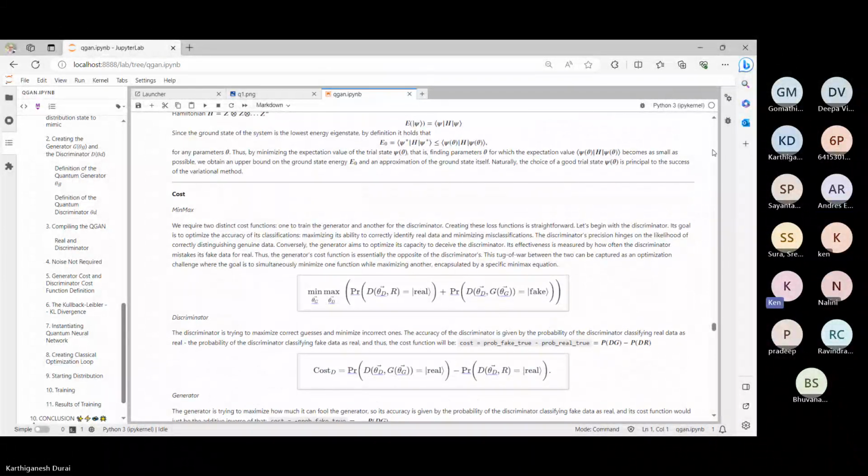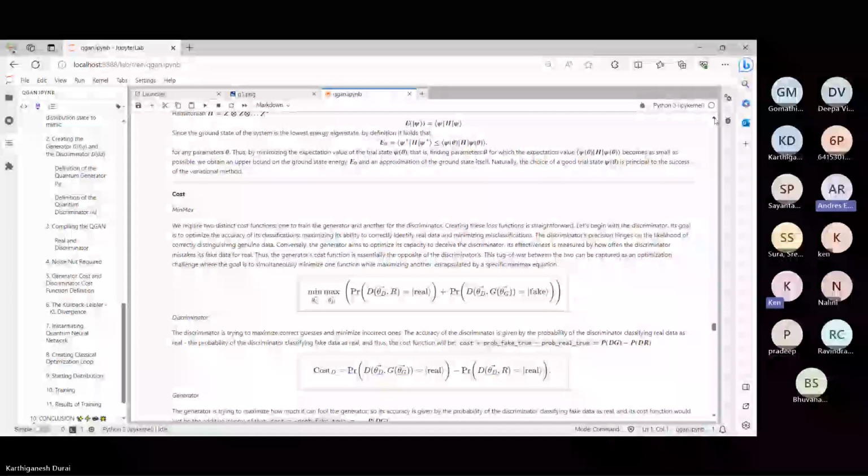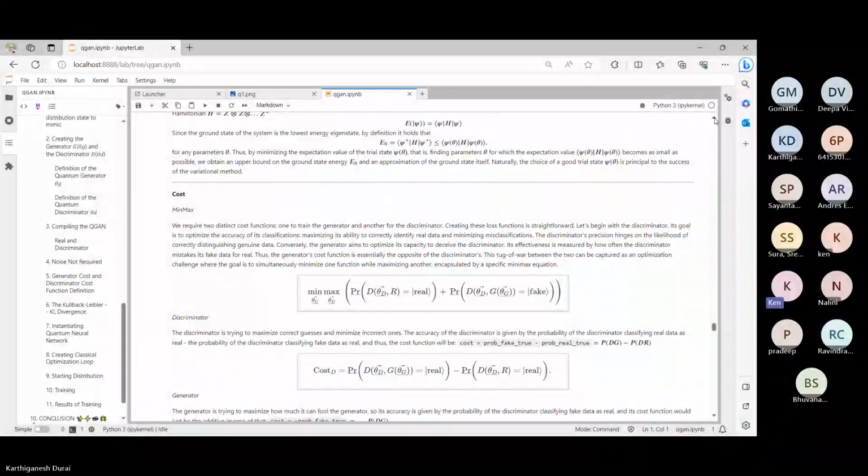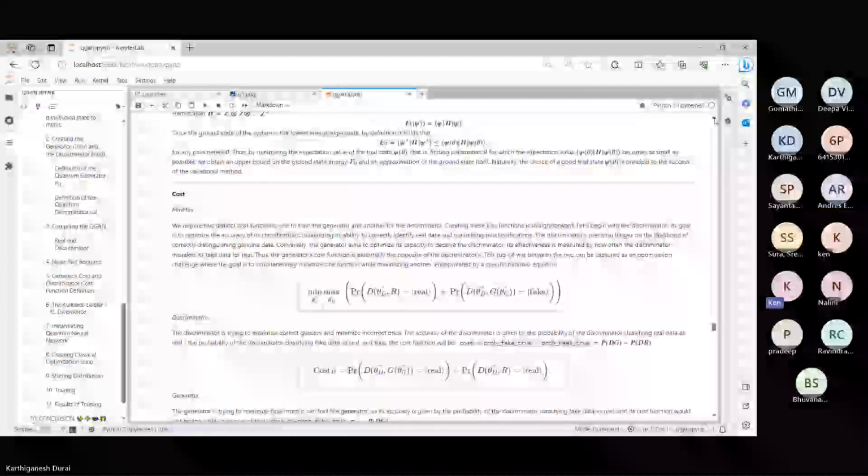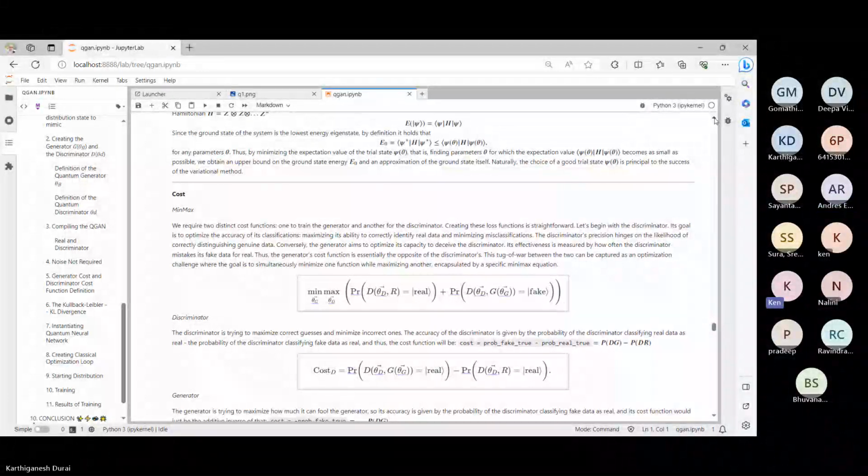Yeah, perfect. So the generator cost is basically just the probability of fake true minus the probability of real true. And so we define this as the probability of DG minus the probability of DR. Okay, this is all we're saying. And it's pretty straightforward. And if we go to the generator now, if you could scroll down, KG.